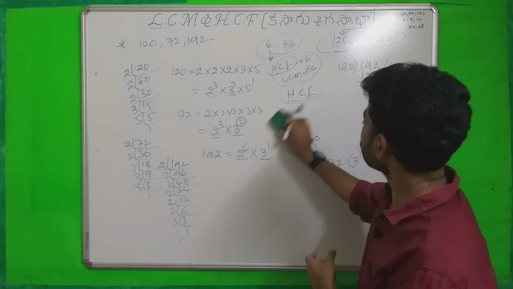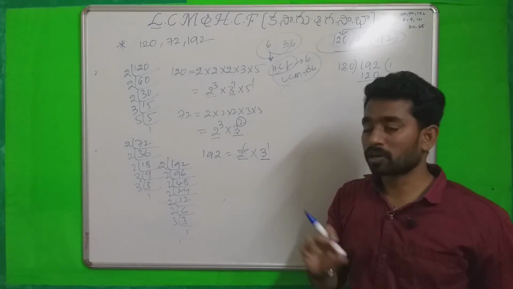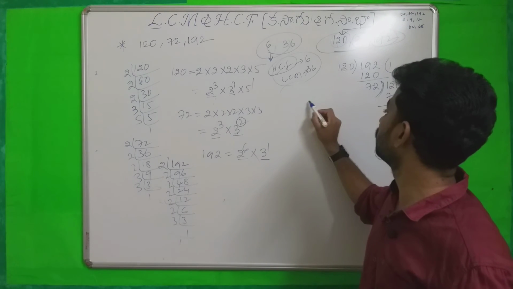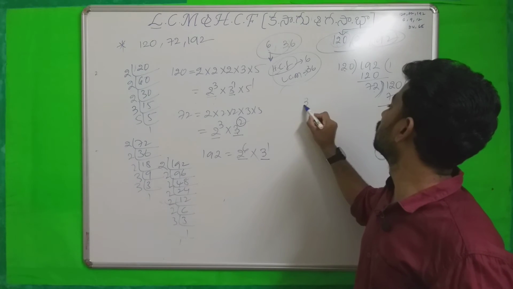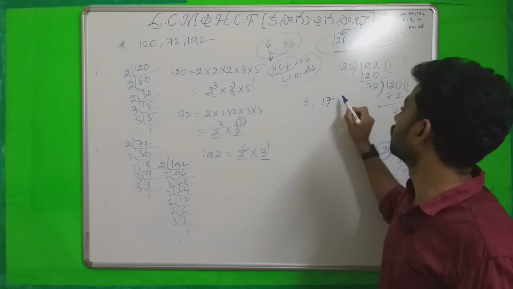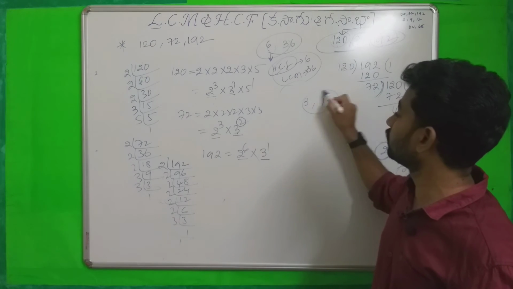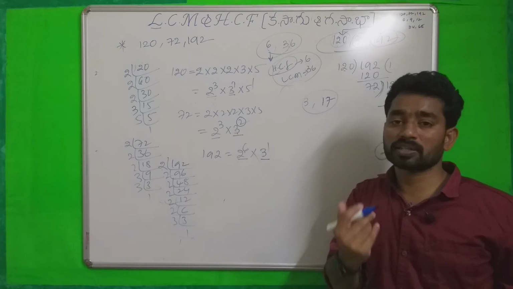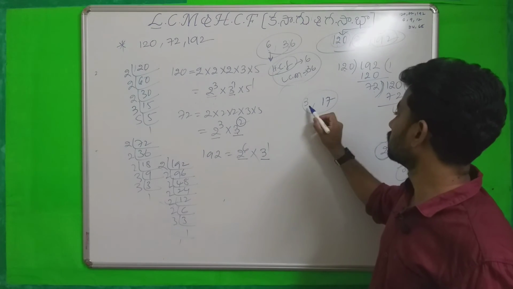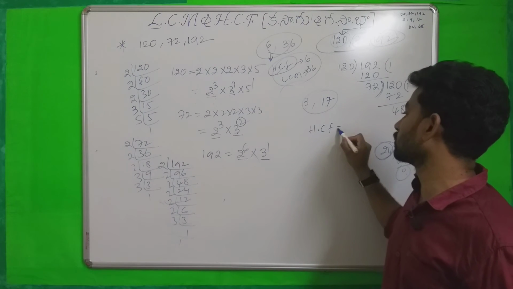Next, if the numbers are co-primes. Co-primes means their common factor is 1. Already we know that. For example, 3 and 17 I am taking. Okay, these are two prime numbers. Two prime numbers means automatically we can call them co-primes. When these are co-primes, their HCF is 1.